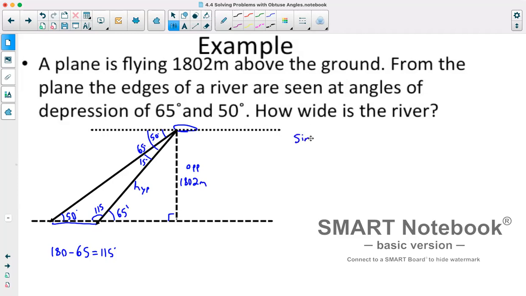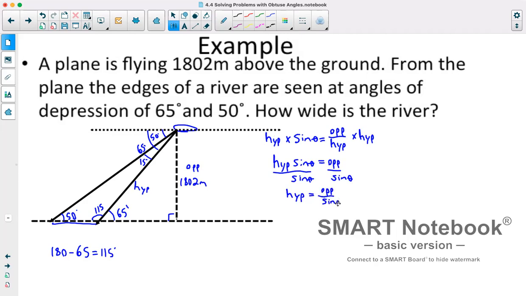So we have sine of our angle is equal to opposite over hypotenuse. We want to get hypotenuse out of our denominator, so we'll multiply both sides by the hypotenuse. That gives us hypotenuse times sine of our angle equals our opposite side. Divide both sides by sine of our angle. So our hypotenuse is equal to our opposite divided by sine of our angle.